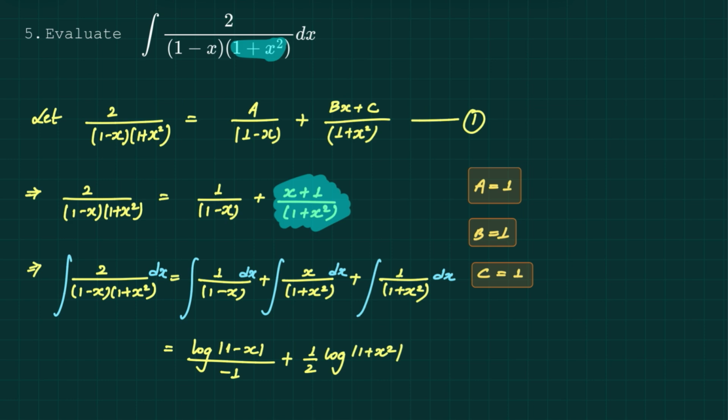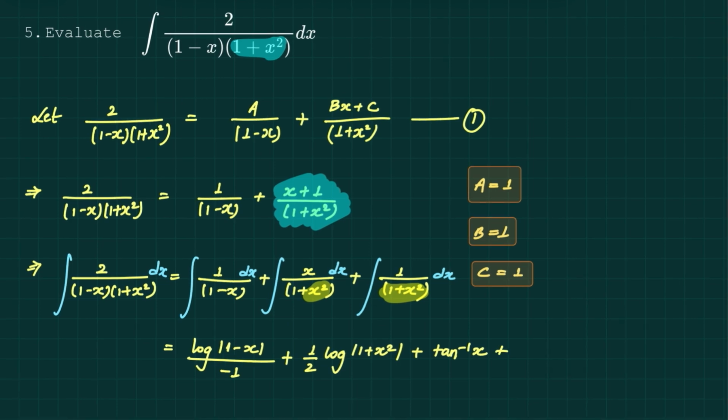Here you can do this by assuming this x square to be t, that is by the method of substitution. And the integral of the third part is tan inverse of x, because this is in the form of a square plus x square, that is our special integrals which we have learned in the previous videos, plus c.